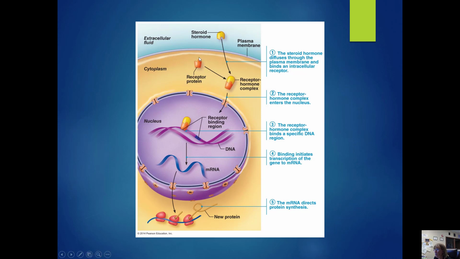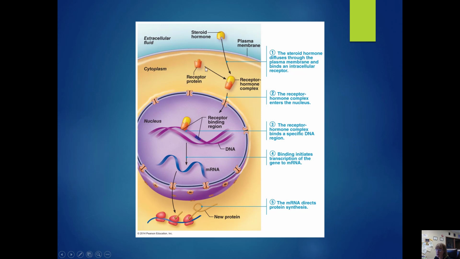So it binds, and then the receptor hormone complex comes in. They sit down on the gene and then trigger the transcription of this gene. So here now it instructed the cell to make a messenger RNA of that, which is then going to leave the nucleus, and then it will be translated and it'll create a new protein. So that's how the steroid hormones are going to work.